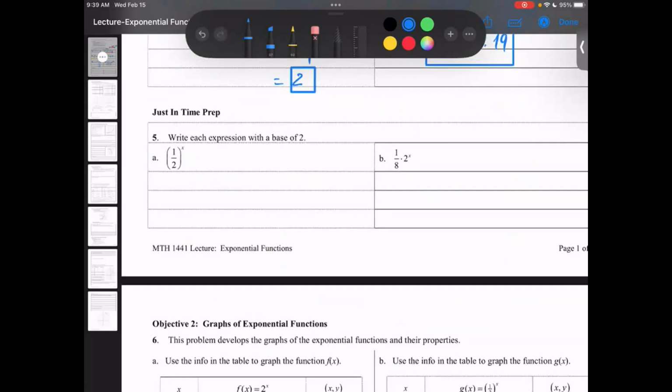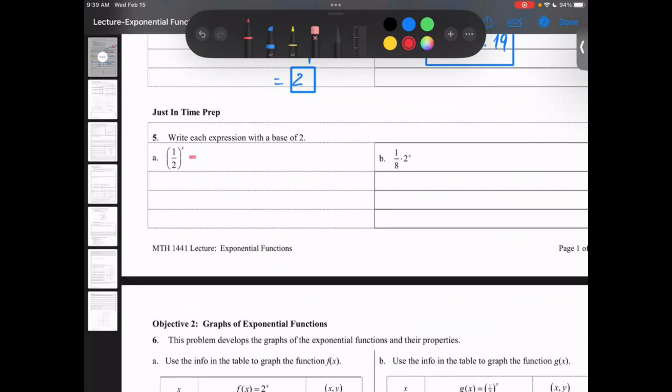All right, let's practice how to write to a certain base. For example, usually I don't like the way it's written like this, 1/2 to the x. Especially in this class, when we see an exponential function, we usually write it as 2 to the something, instead of 1/2. So I want to change it into base 2.